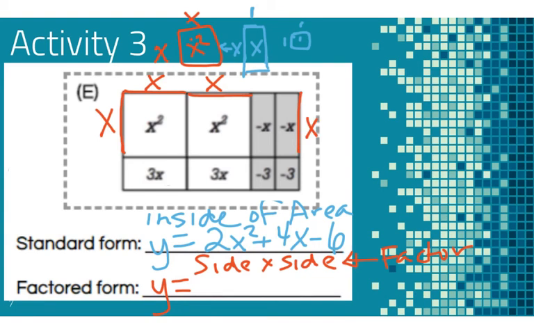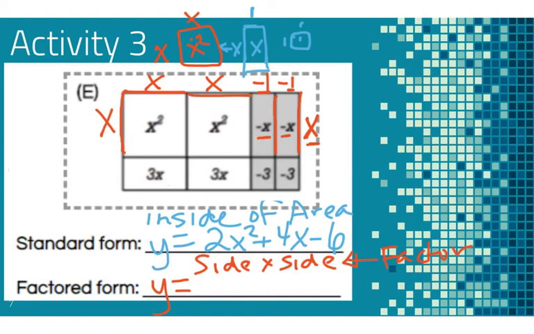So here I have -1 and -1, all right? And I'm getting that because x times -1 gives me negative x. And this length, again, is x. So x times -1 is a negative x there. That's where I'm getting -1 from.